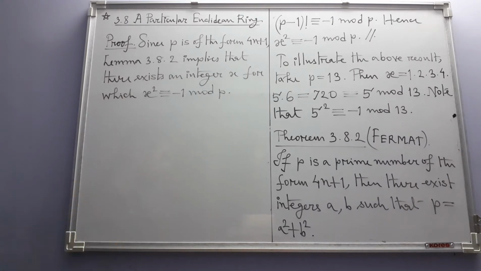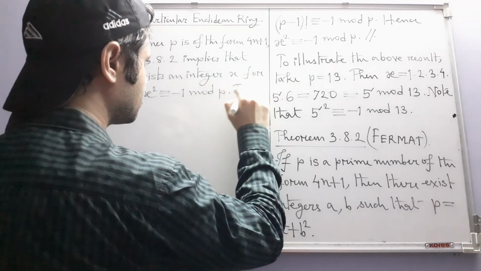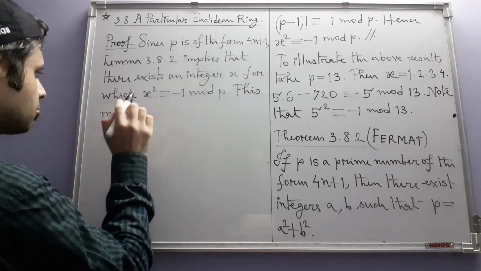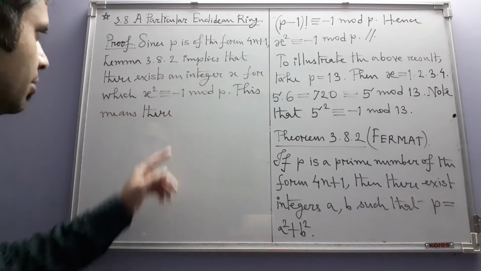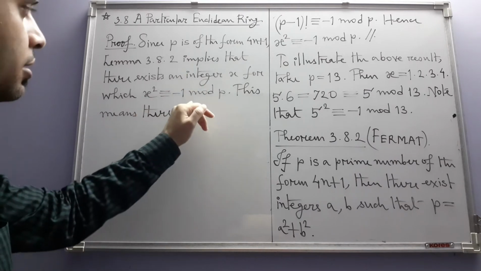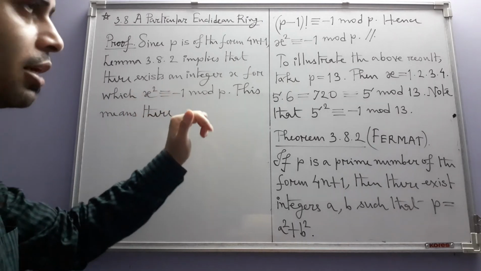Okay, so here we are directly using the previous lemma. This means, what does this mean? It means that the difference of x square and minus 1 is divisible by p. In other words, p divides x square plus 1.